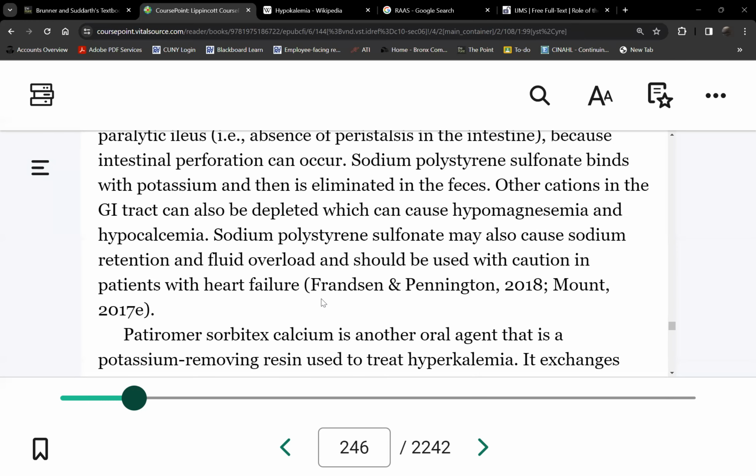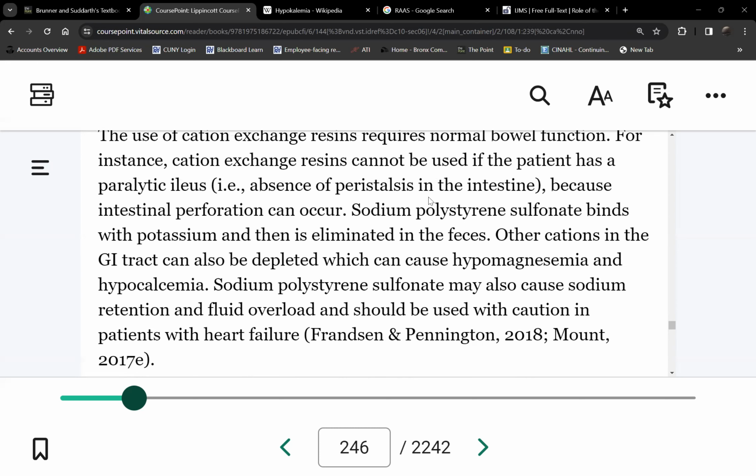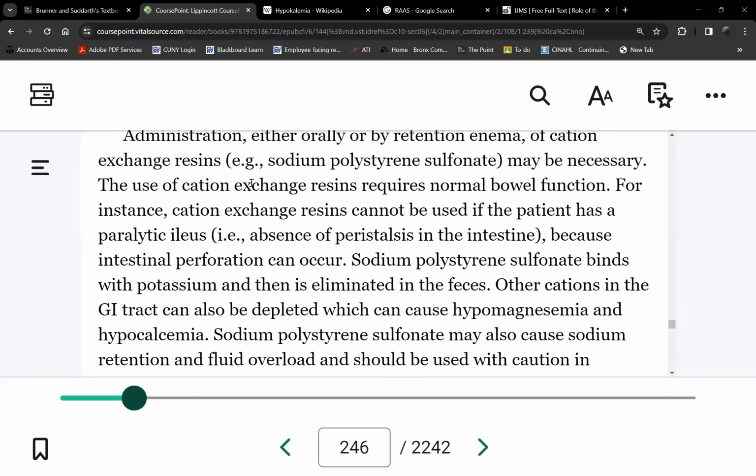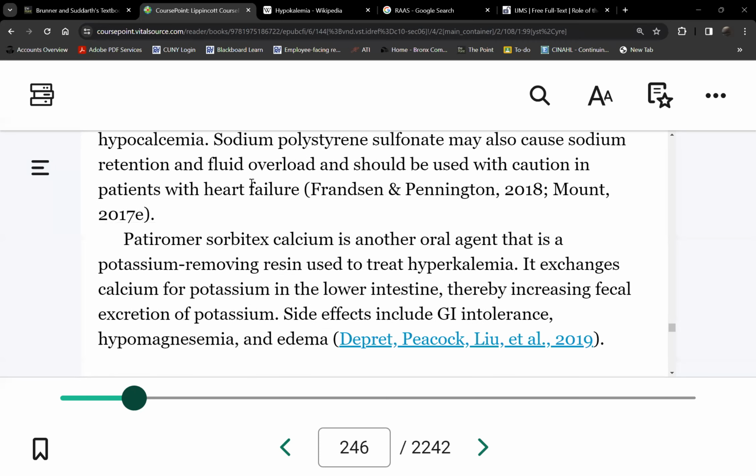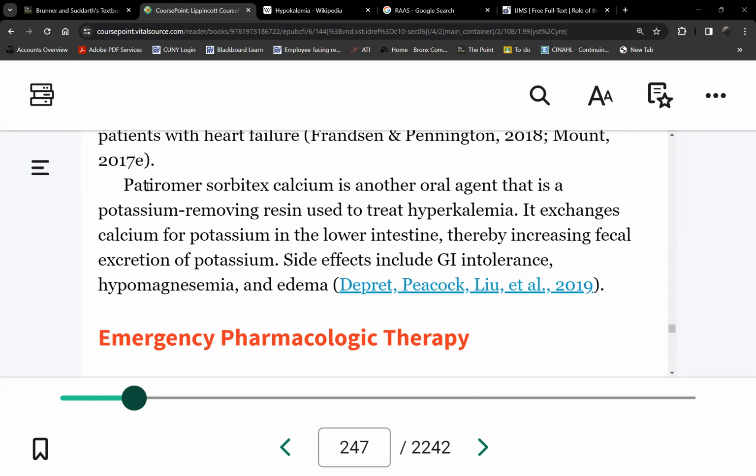However, there's a warning here. If the patient has any GI problems, is this an option? No. If the patient is post-op, do you have peristalsis there? No. Here's another one, Patiromer Sorbitex.